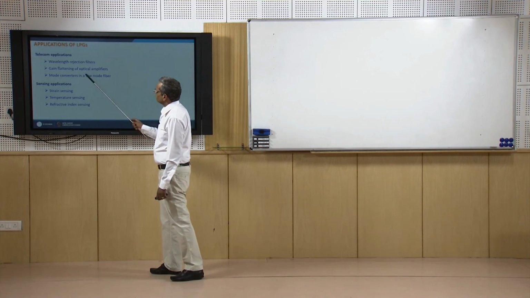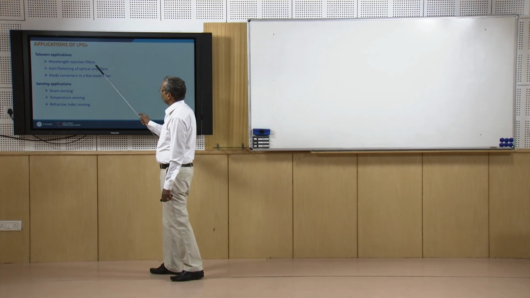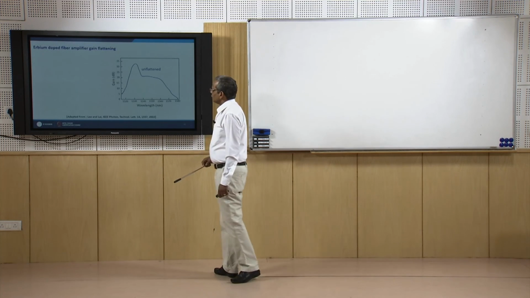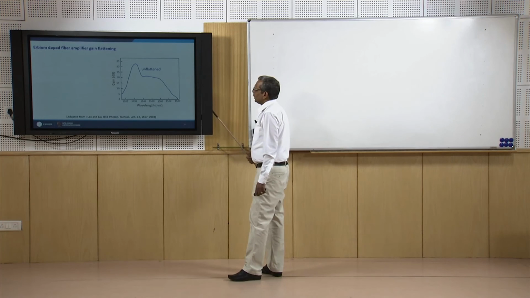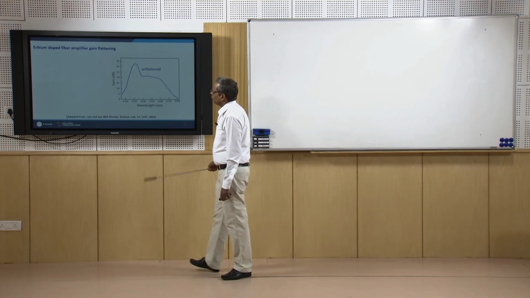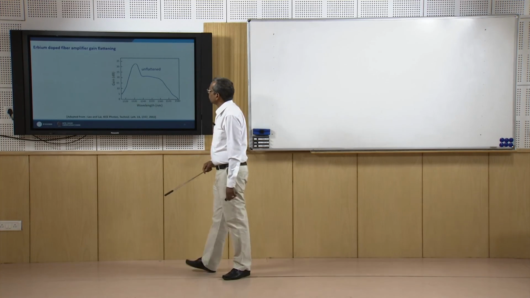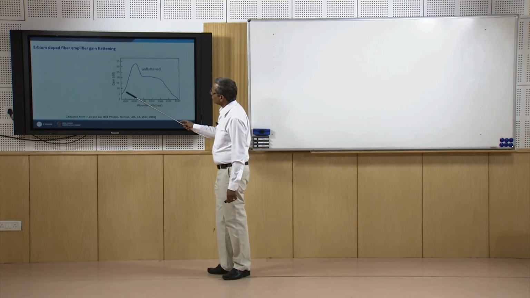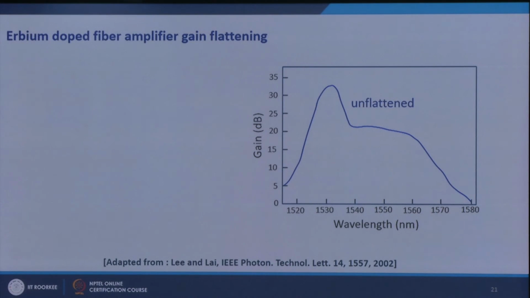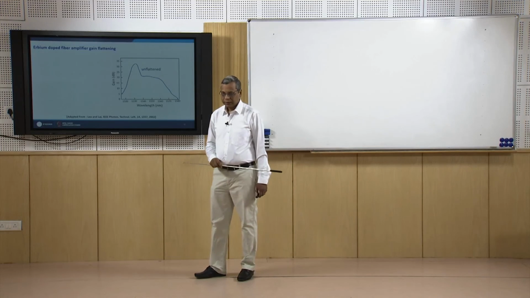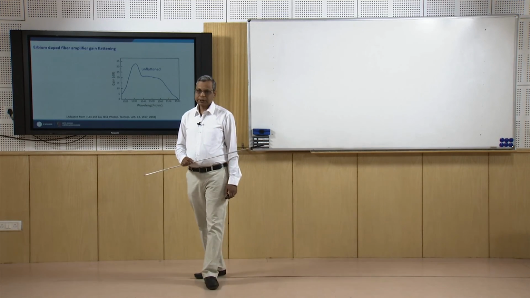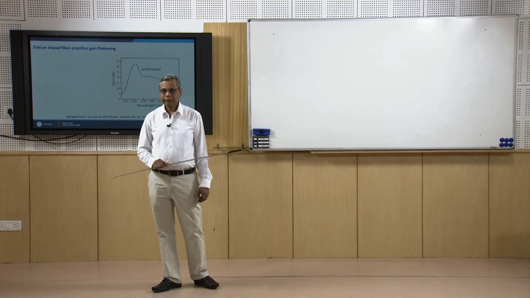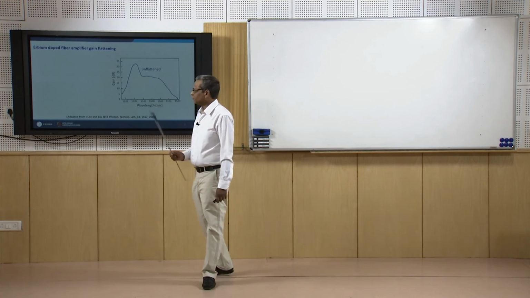So, here I will just discuss this gain flattening of optical amplifiers. Here you have a typical optical amplifier, which is an erbium doped fiber amplifier. It has a gain spectrum given something like this. What do I see here? In this gain spectrum there is a big peak here, and for telecommunication purposes I need to have a gain spectrum which is flat.